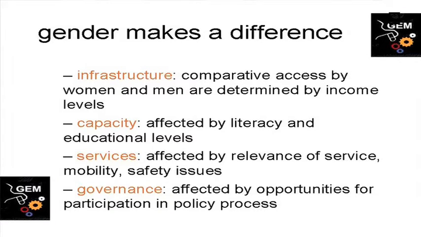And then we overlay that with the point that gender makes a difference. For example, in infrastructure, there's comparative access by women and men, and it's determined by income levels. When we talk about ICT and access to internet and telecommunications, you must look at the differential access of men and women, and a lot of the time it's affected by income.